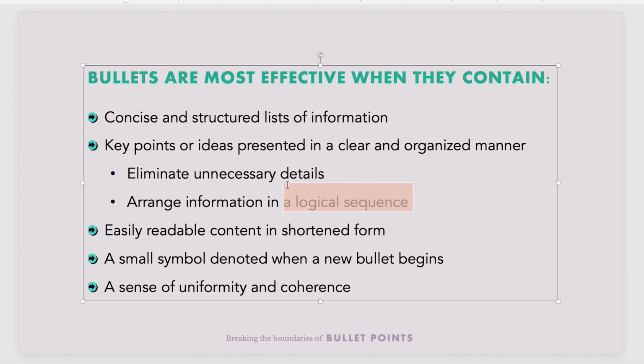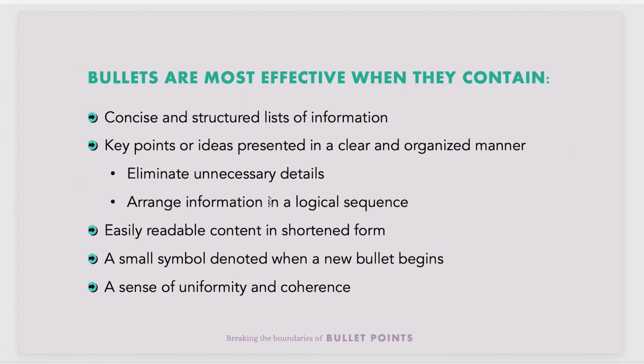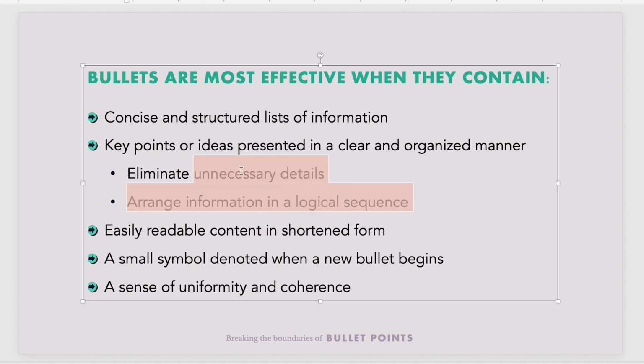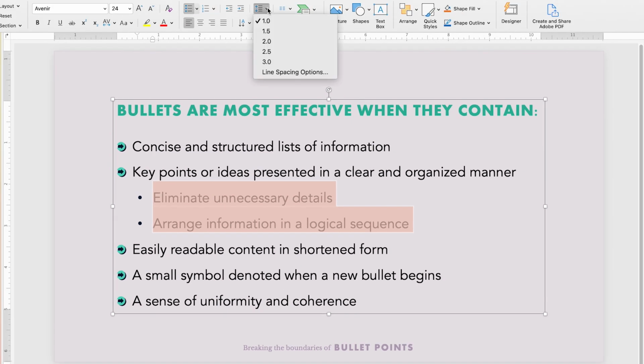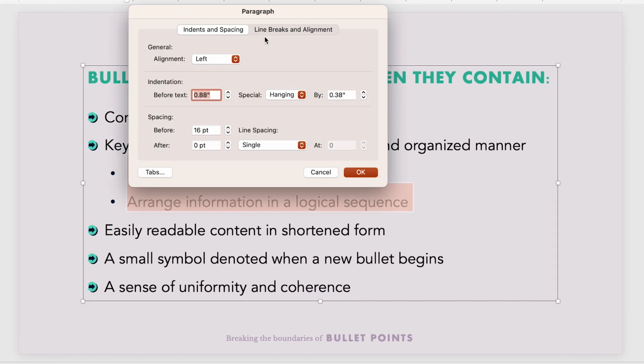Right now, my sub-bullets are the same size and weight as my main bullet points, and I don't want to change the font size of them because they are still important text and I want them to be very readable, but I do want to make it clear that they are secondary to the main bullet and are connected to the one above. I'm going to select my sub-bullets and go back into my paragraph panel and change that 16 points of spacing down to 6.